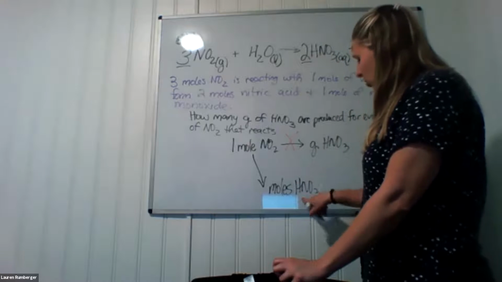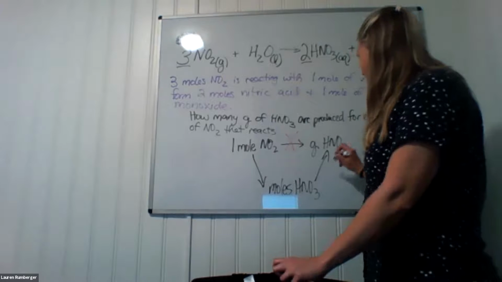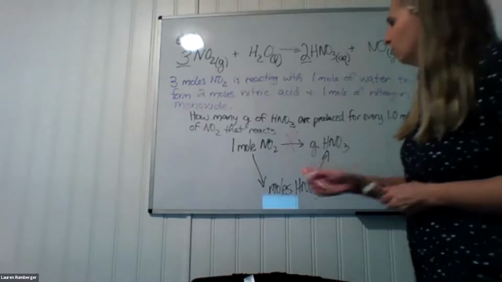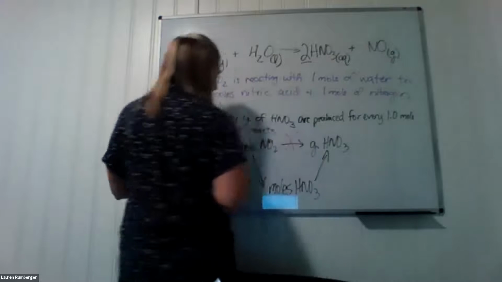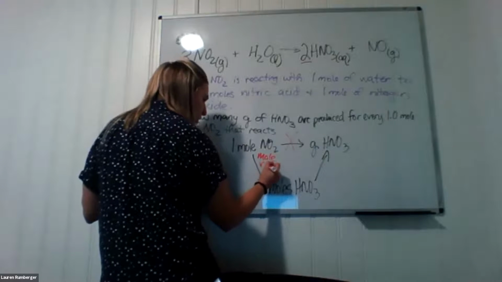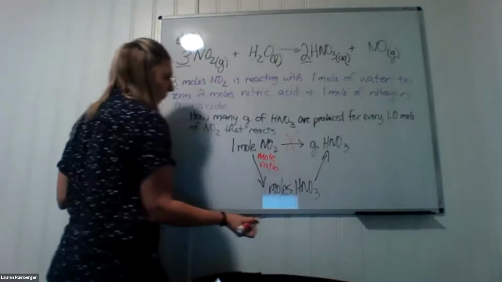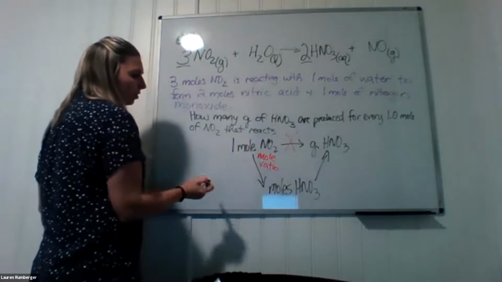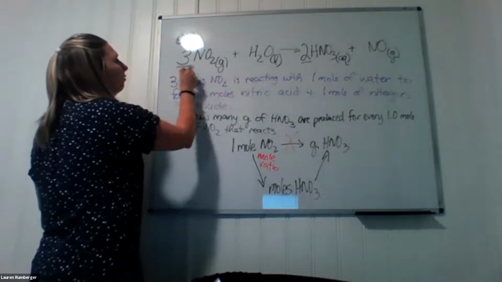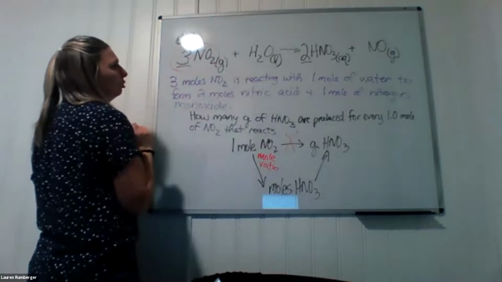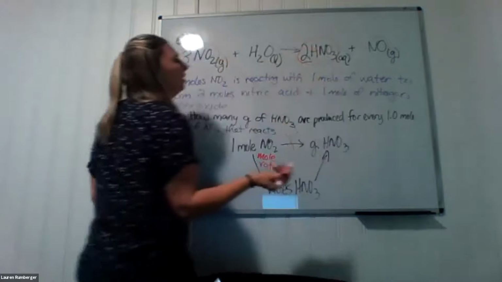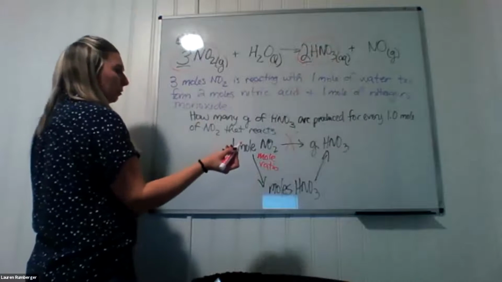Then from moles of HNO3, we can go to grams. Now, when we're converting from moles of one substance to moles of another, we need the mole ratio in this step, okay? What's the mole ratio between nitrogen dioxide and nitric acid? For every 3 moles of nitrogen dioxide, 2 moles of nitric acid is formed.